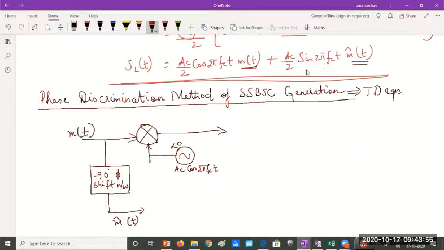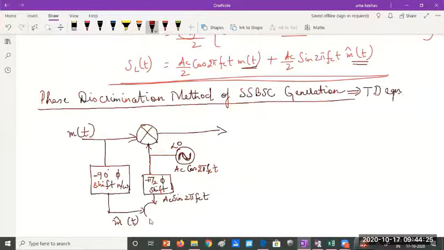How will I get the second term? Whatever cosine is generated by this local oscillator should also be passed through what? A 90-degree phase shift, to give us the sine carrier AC sin 2 pi fct.